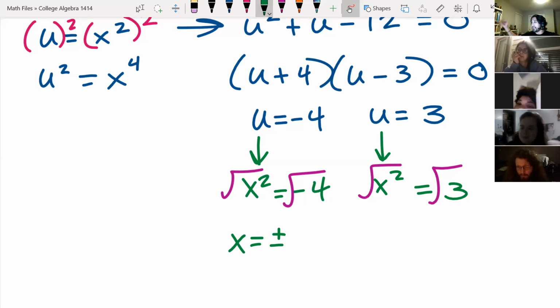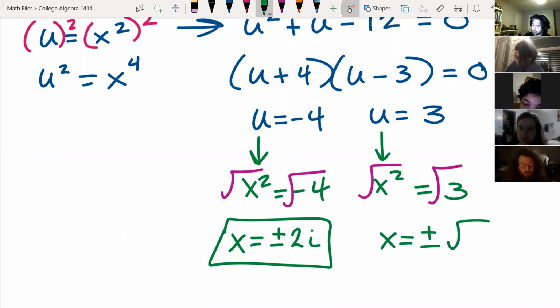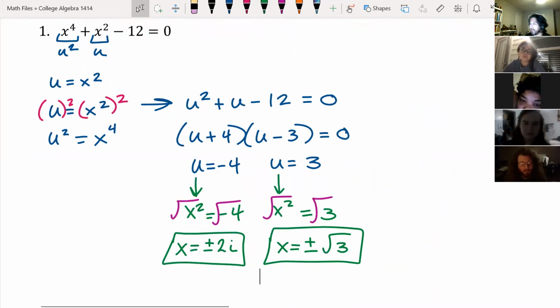Imaginary, right? So this is going to be plus or minus 2 what? I. Good. And over here is just going to be x equals plus or minus. Can you take the actual square root of 3 evenly? No. So it's just going to remain the square root of 3. Now, I don't know if MyMathLab is going to take imaginaries right now. So if anything, your only answer here is going to be plus or minus the square root of 3.